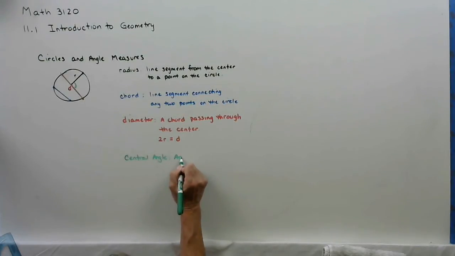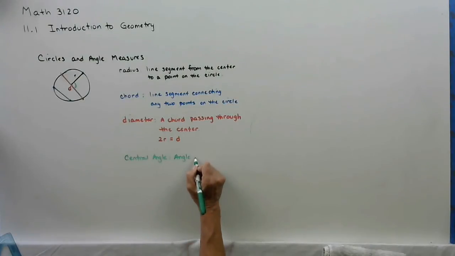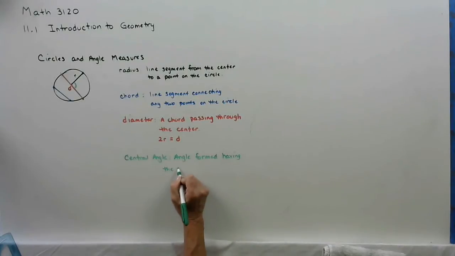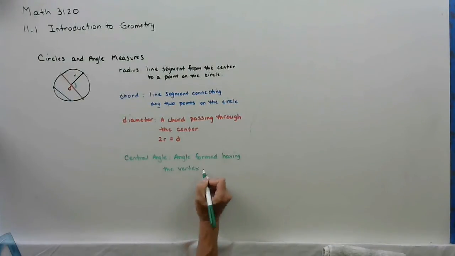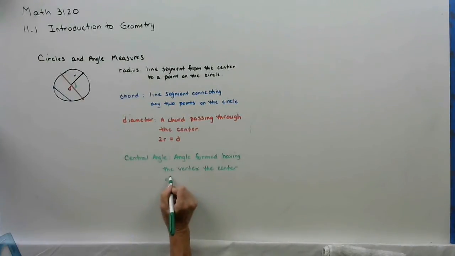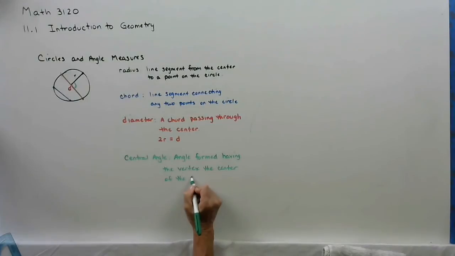This is the angle formed, let's do it this way, having the vertex the center of the circle. And again, all of these, I believe, are in your book, so you can take a look at that.